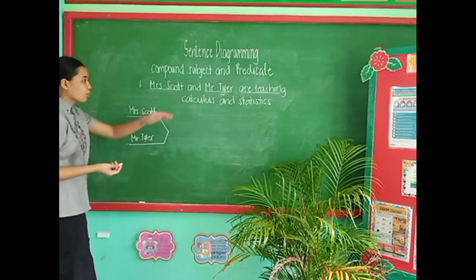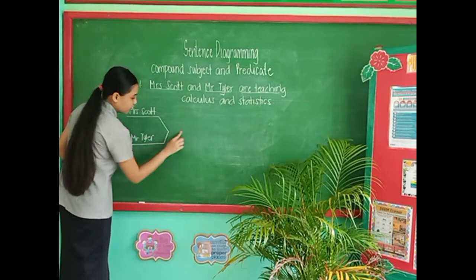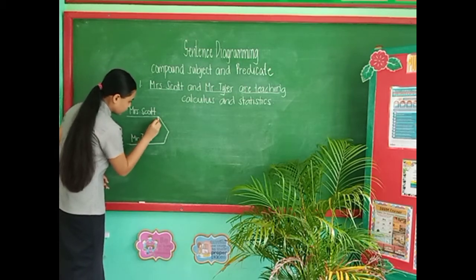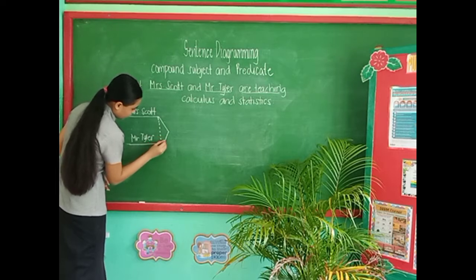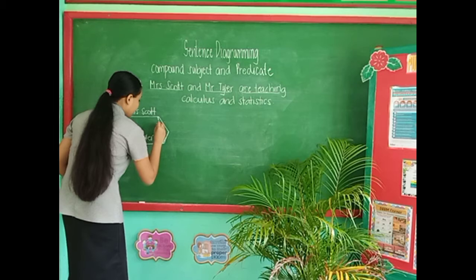The word "and" is not placed on a line of its own, but we are going to make a dotted line here, and here we are going to put the word "and".